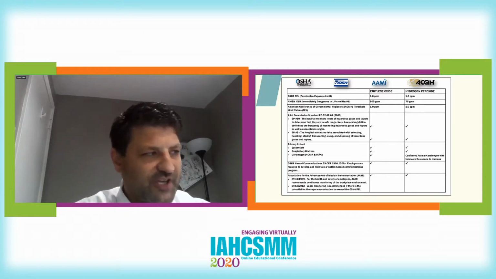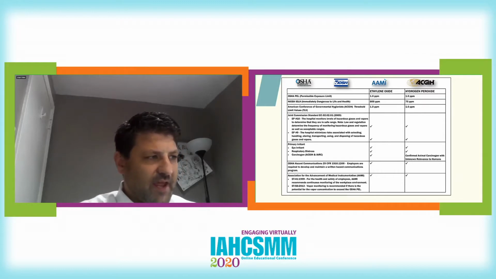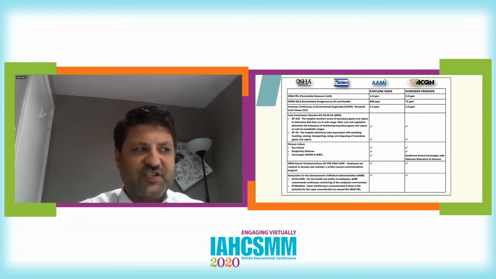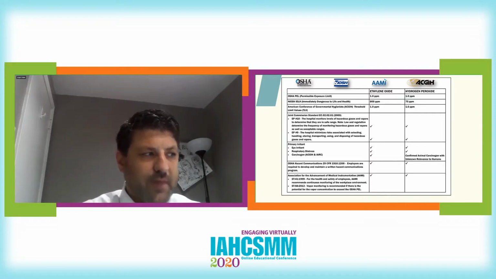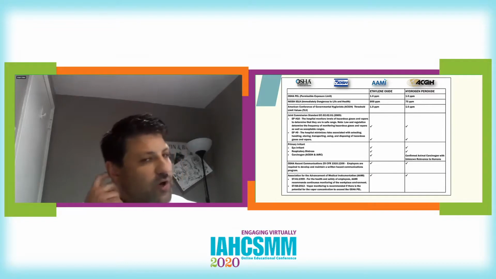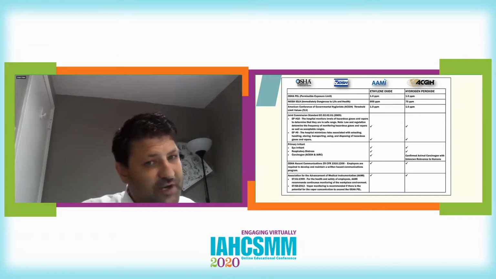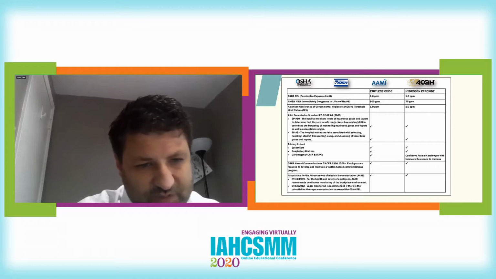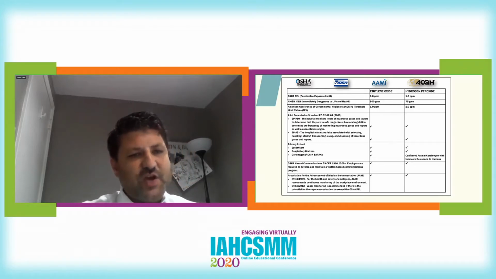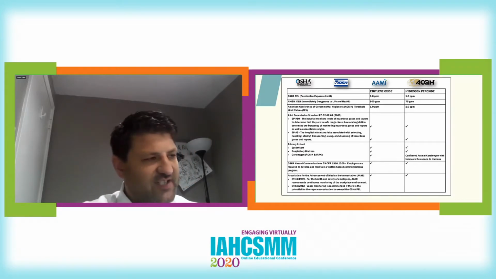Then you look at the hazard communication, and employee training shall include at least methods and observations that may be used to detect the presence or release of hazardous chemicals. And one of the ways you can do that is continuous monitoring. That is there for both chemicals. And then you have Amy's recommendations.